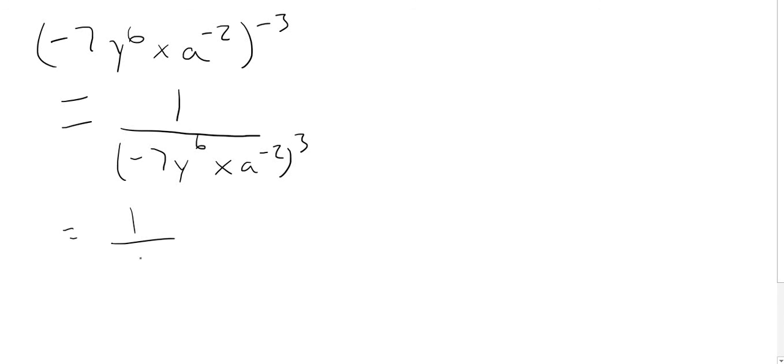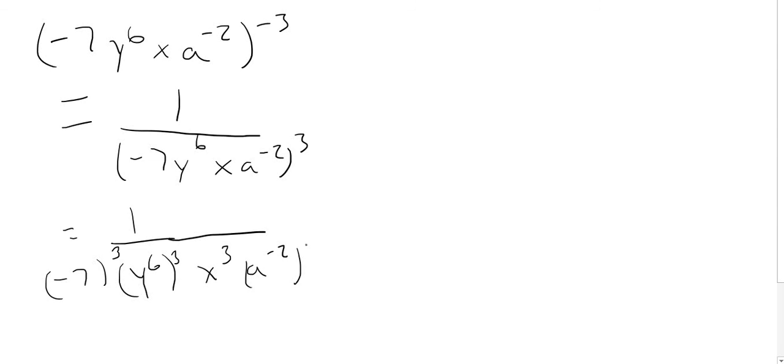That becomes 1 over negative 7 cubed y to the 6th cubed x cubed a to the negative 2 cubed. Just do them in pieces. What do I have left to do? Well, I should simplify 7 to the 3rd power, 7 times 7 times 7.